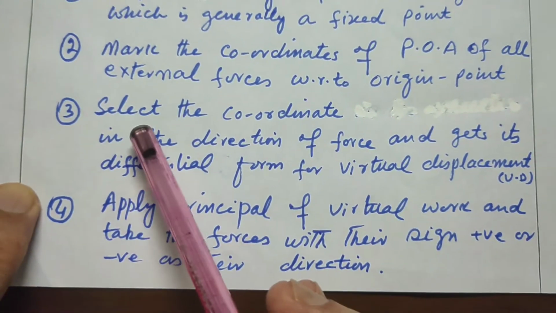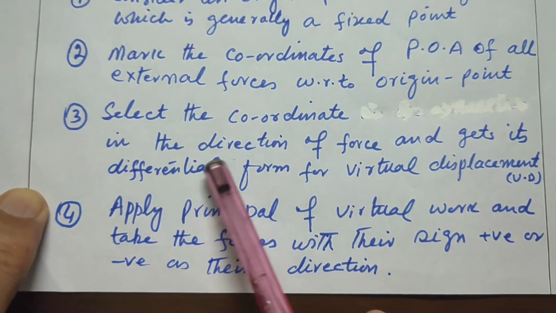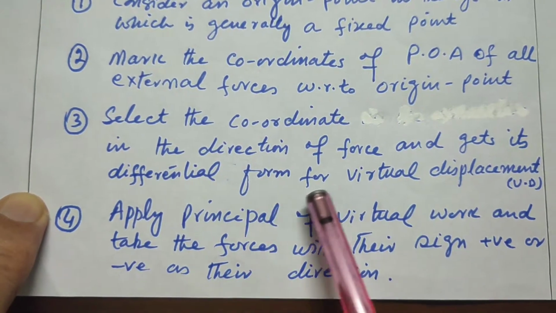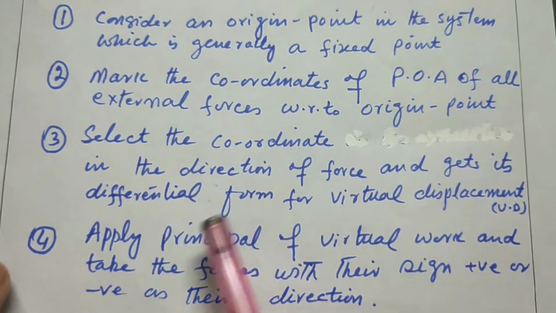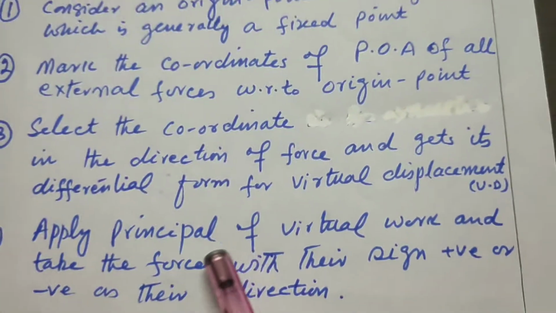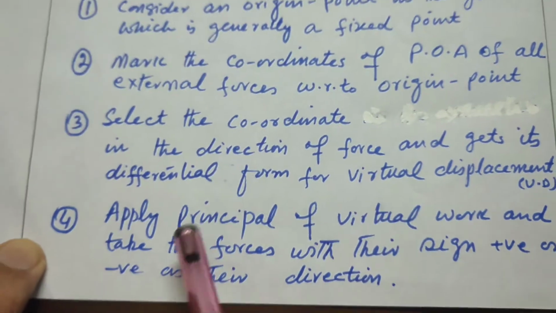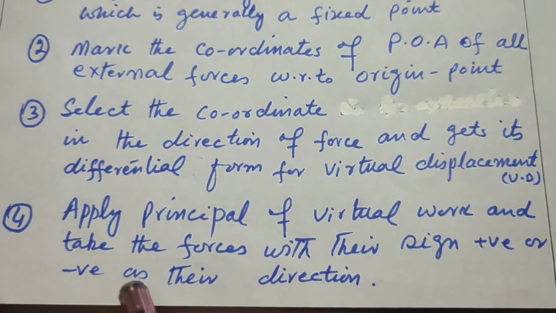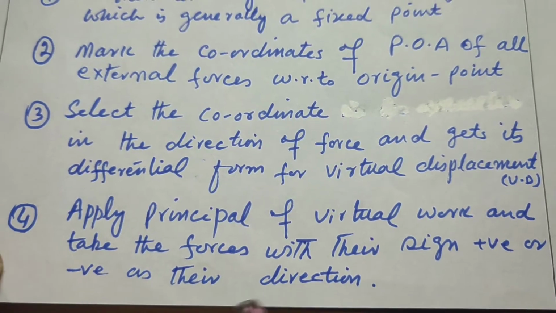Number 3, select the coordinate in the direction of the force and get its differential form for virtual displacement. Number 4, apply the principle of virtual work and take the forces with their sign positive or negative according to their direction.